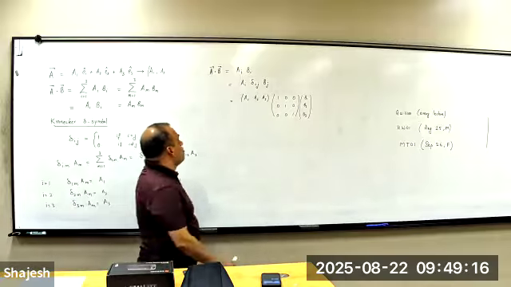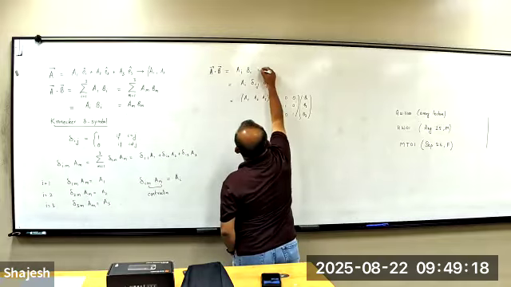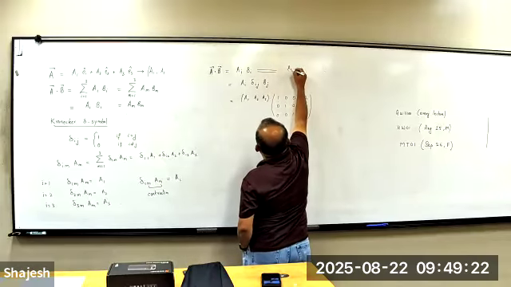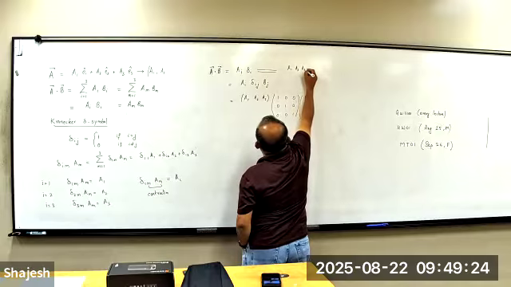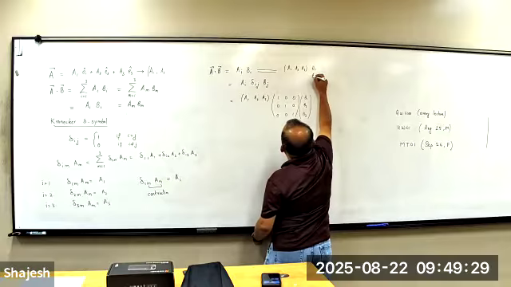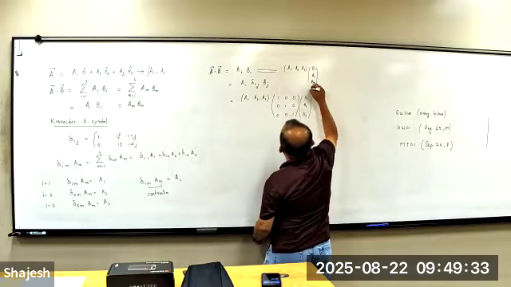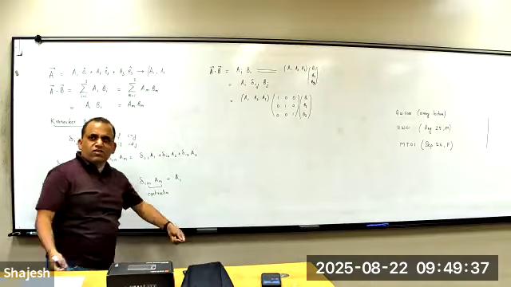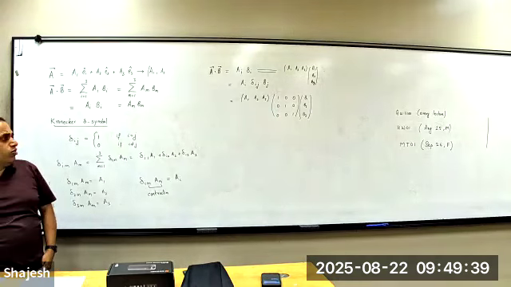That's what this means. So let's say equal to A1, A2, A3 times B1, B2, B3, because the matrix multiplication involves this A1 B1, A2 B2.